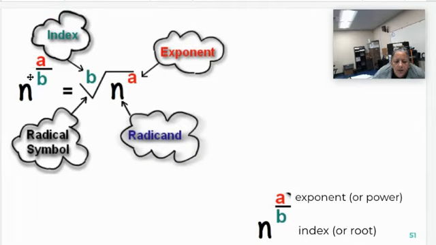So if you have some number and a fraction exponent, which is what we call a rational exponent, then when it switches into radical notation, this top number becomes the exponent inside the radical, and the bottom number becomes the index, or sometimes called the root.